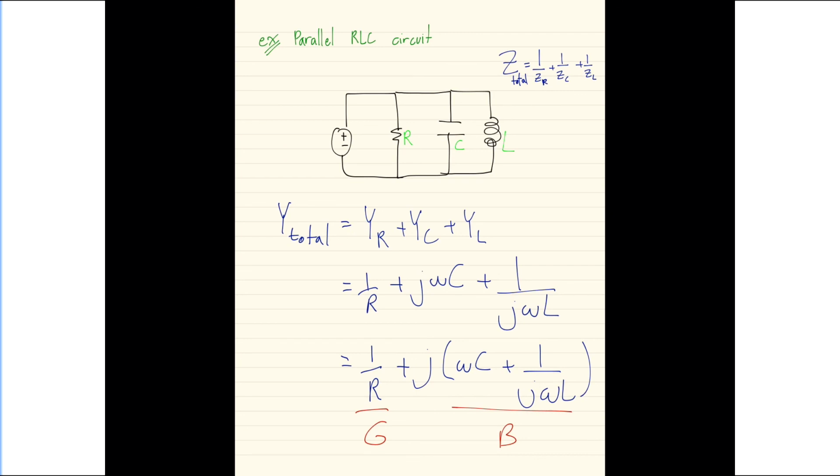So that is the whole solution of how to find the total admittance in a parallel RLC circuit.